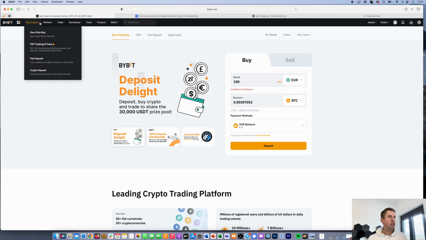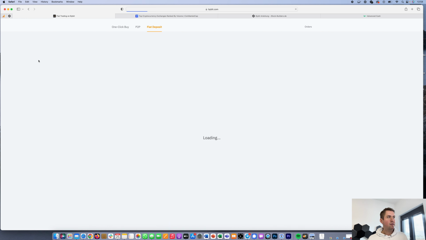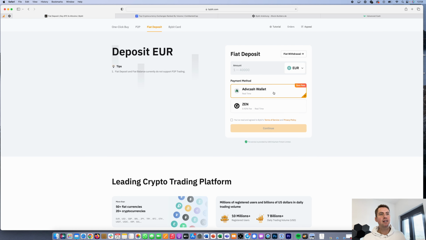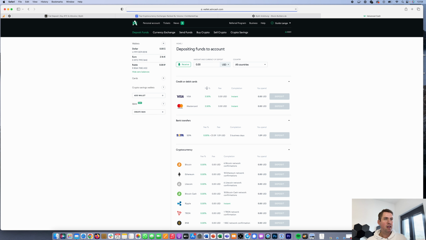The only option to do it cheaper is to do a fiat deposit here and then use AdvCash. That's a service that's like an online bank. You can deposit money with them, and then you can send it for free to Bybit. If you deposit some money there, for example via bank transfer, they only charge you $1.